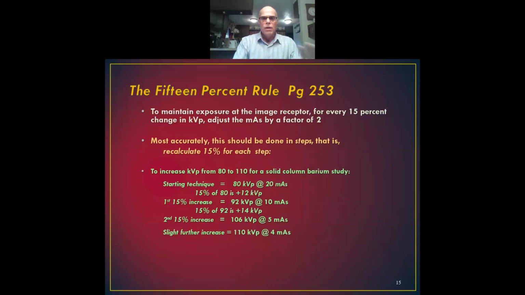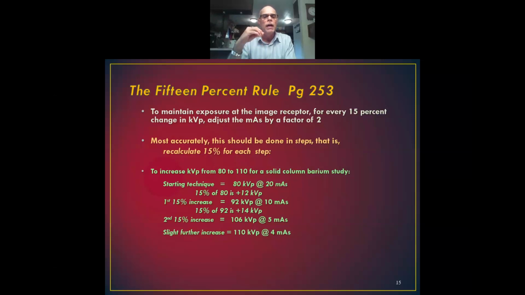It gets easier. Don't get frustrated. Again, this is well explained step by step on page 253. This exact same example is in the second column, so I want you to go back and read over that. But just look what we've done. We've gone from 80, adding 15%. 15% was 12. We're now at 92. We take our original mass and we halve it.